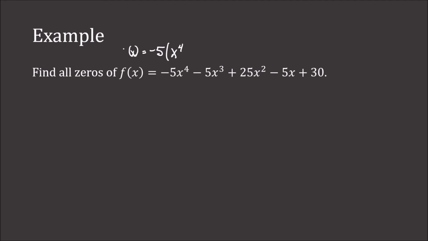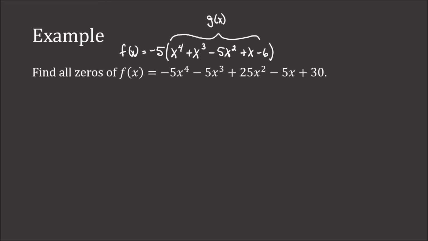I'm going to keep this as f of x. Dividing by negative 5, we get x to the 4th plus x cubed minus 5x squared plus x minus 6. And this I'll call my function g of x.